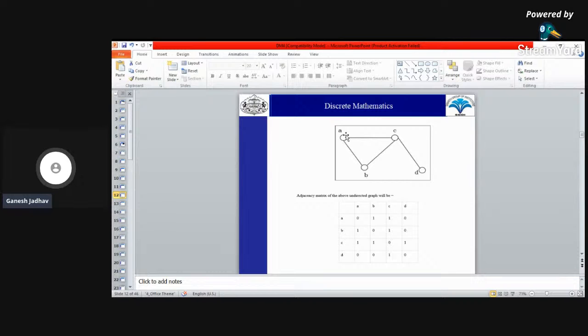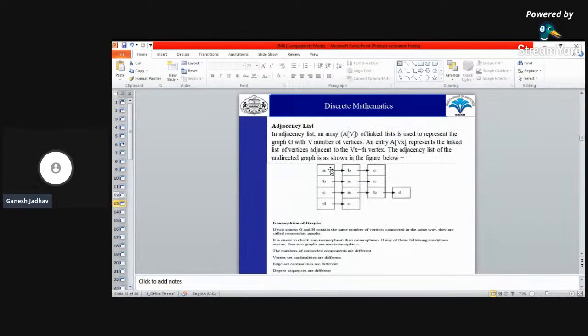First one is A now. Here are the edges between A and B and A and C, so simply A points to B and C. This is a list now, this is not the direction of the graph. This is only a list.